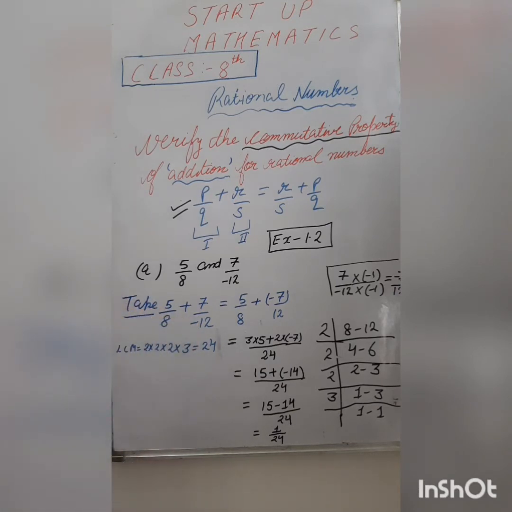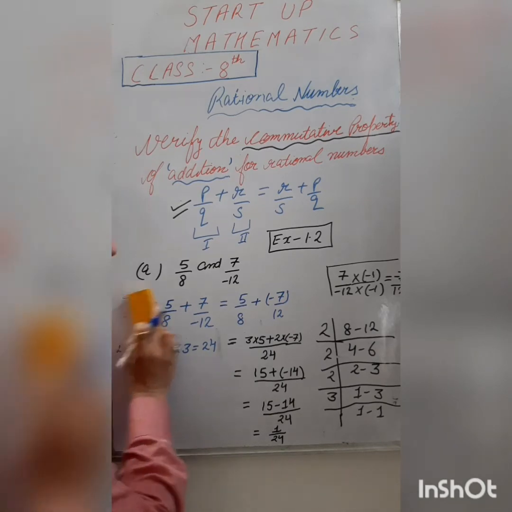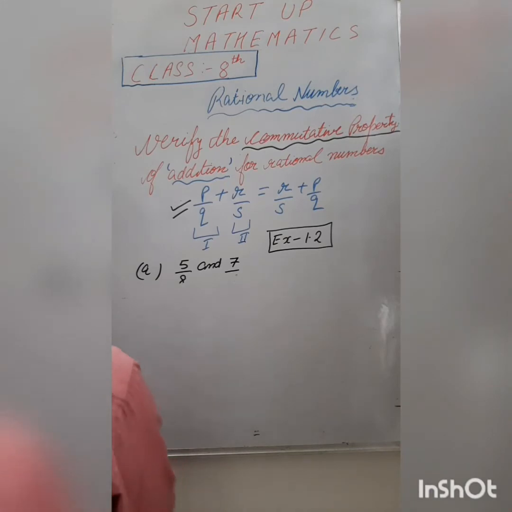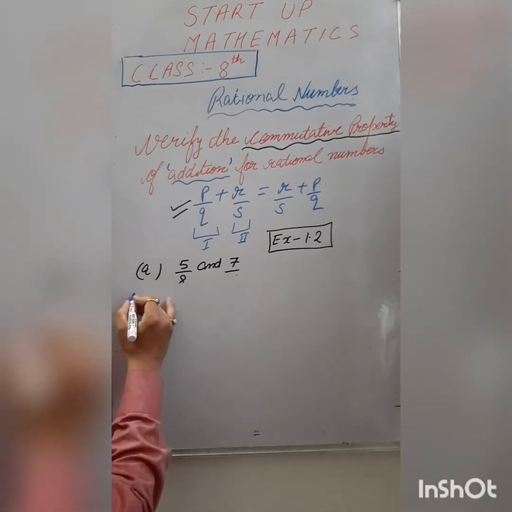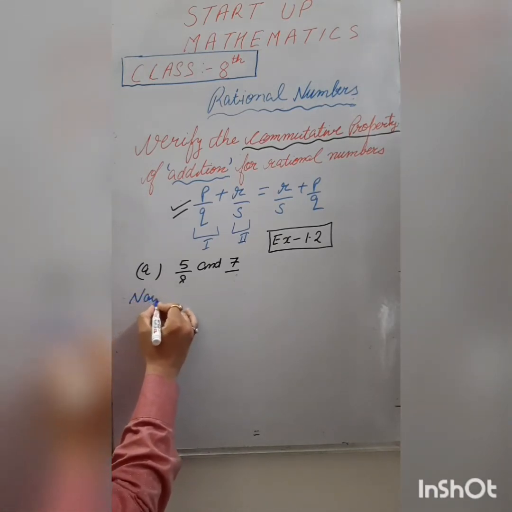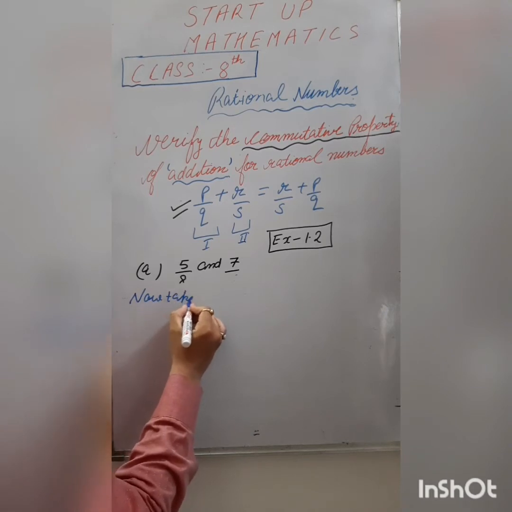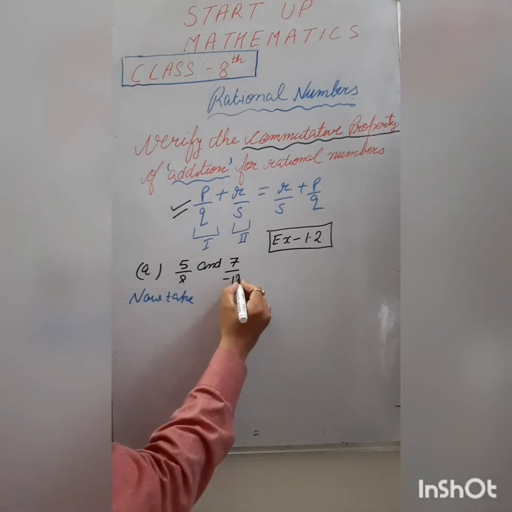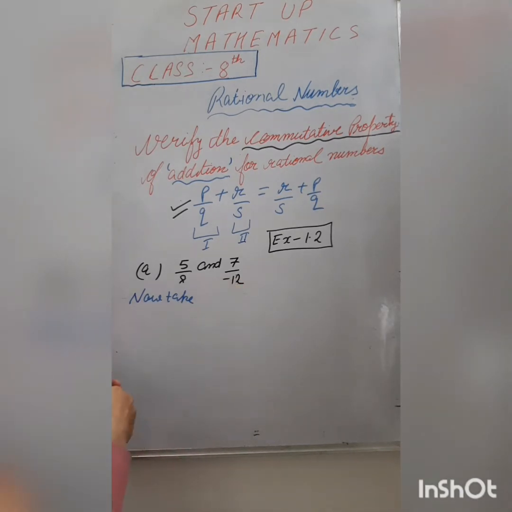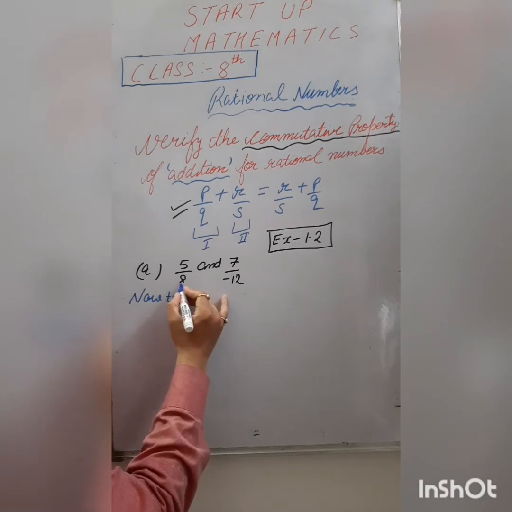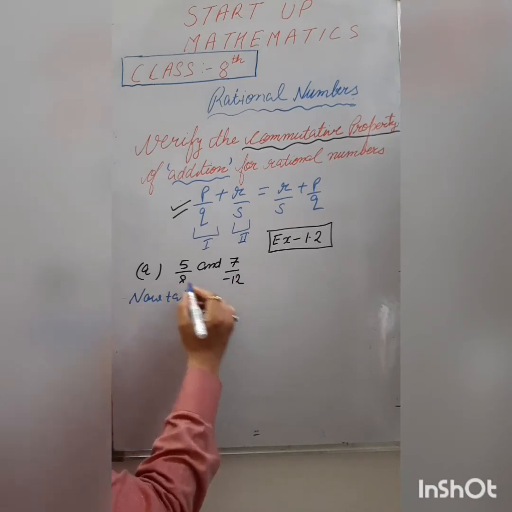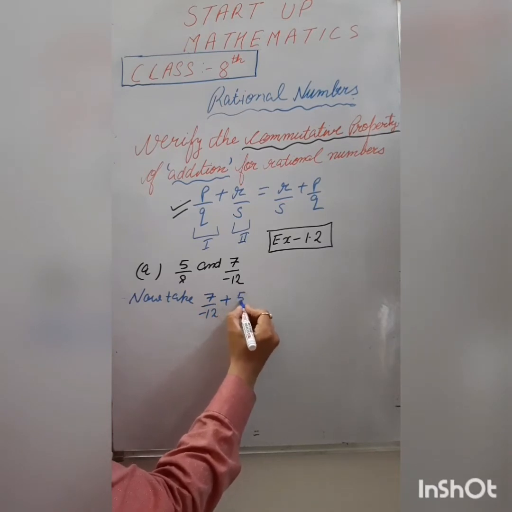Now we will take the other order. Now I am writing first 7 upon minus 12, then 5 upon 8.